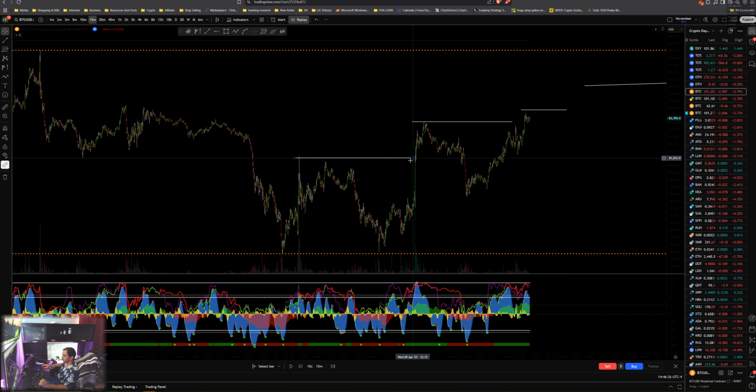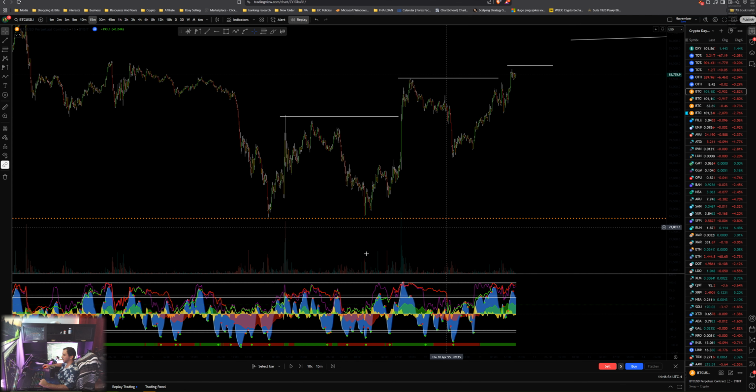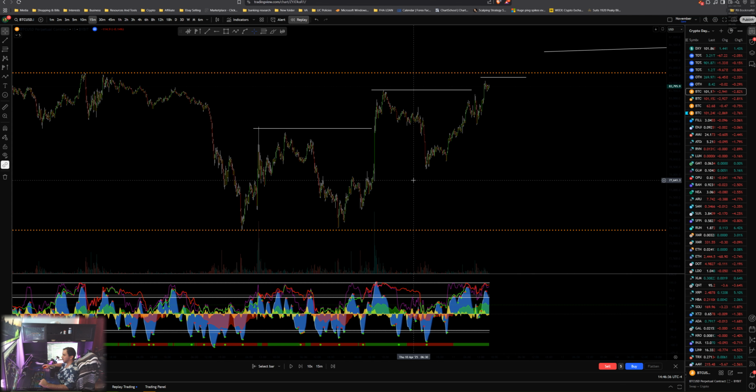Once we see this, we should say to ourselves, okay, this is a big move. It's a lot of strength, a lot of volume. Maybe we're at support and other confluences. I'm going to start looking for longs.